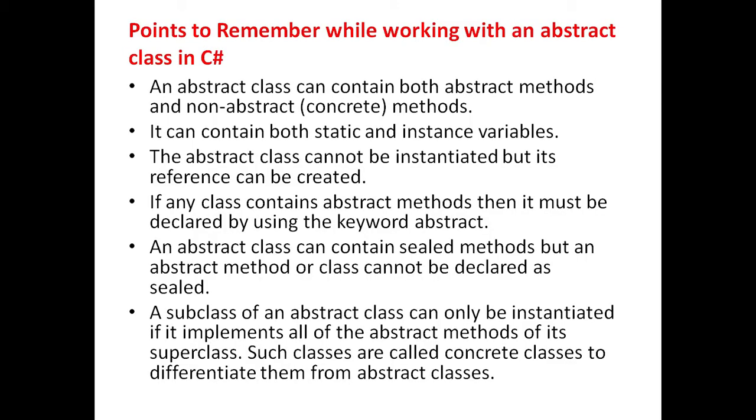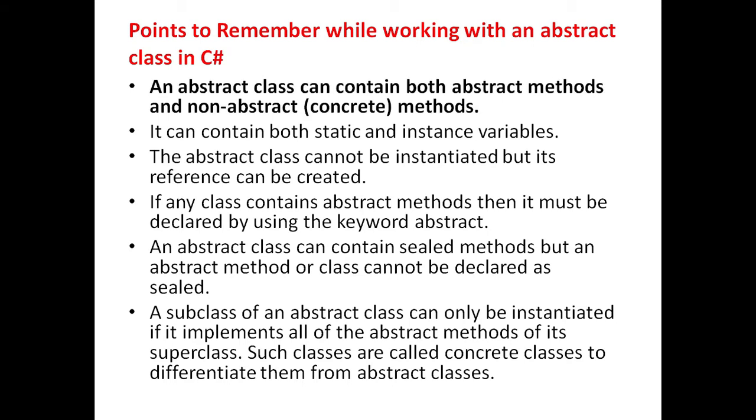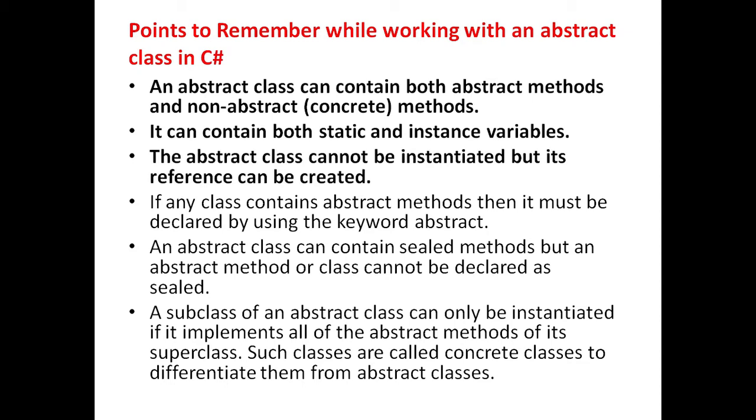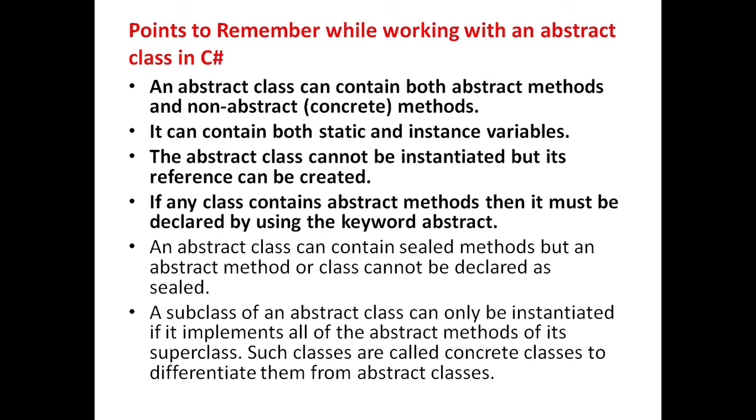While working with abstract class, remember following points. An abstract class can contain both abstract methods and non-abstract methods. It can contain both static and instance variables. It cannot be instantiated, but its reference can be created. If any class contains abstract methods, then it must be declared by using the keyword abstract.